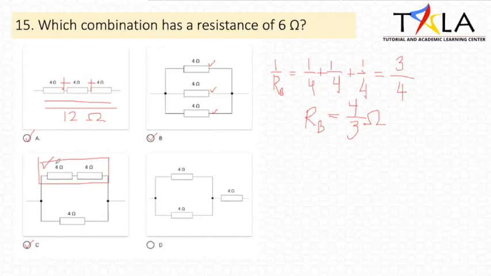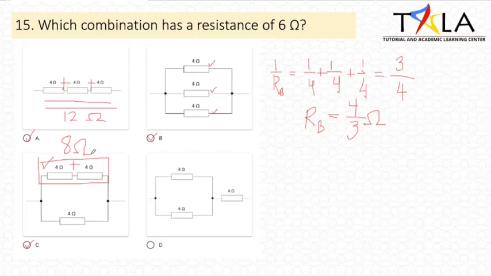Again, these two, 4 ohms at saka 4 ohms, they are connected in series, di ba? 8 po. Add. So, don't forget that. Nasa parallel circuit siya, pero itong 2 resistors na to, they are connected in series. So, kailangan lang natin siyang i-add.